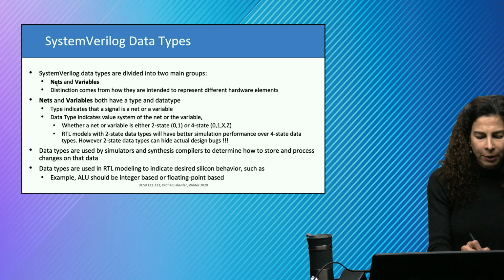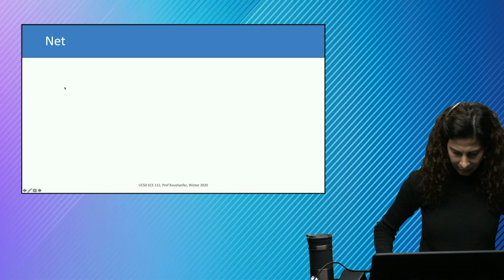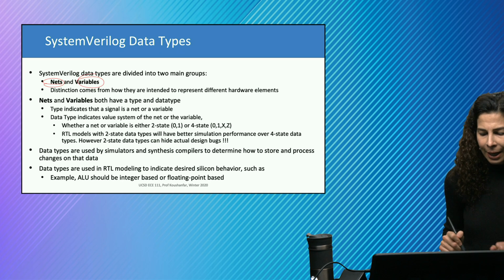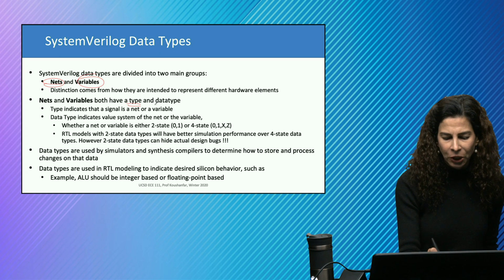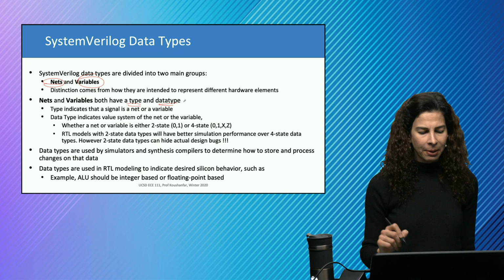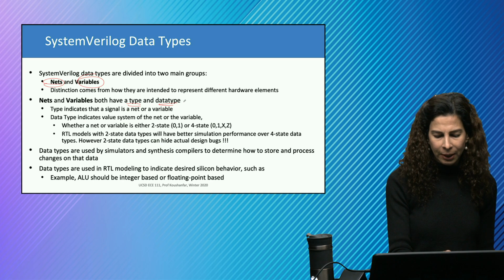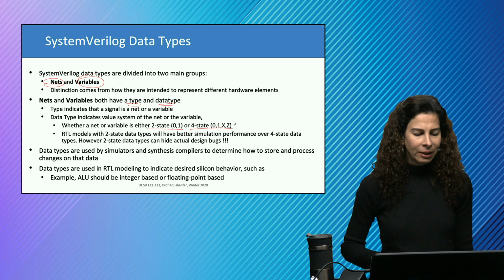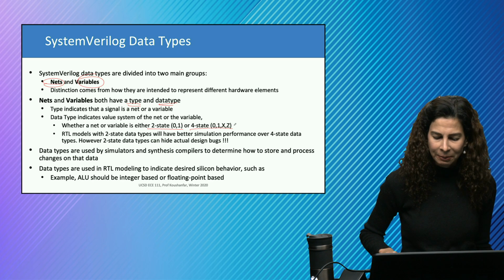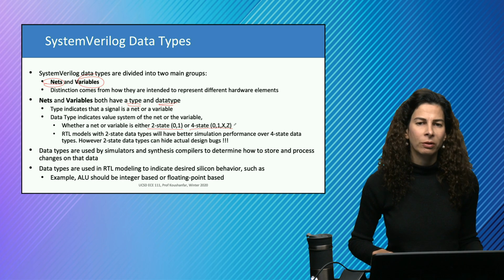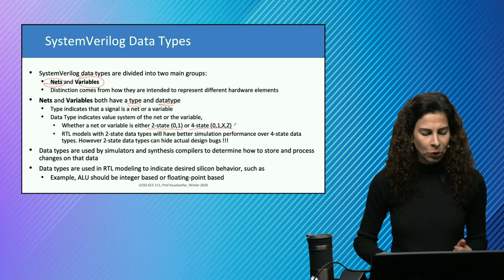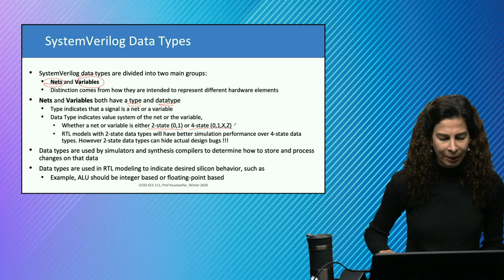So in summary, we have nets and variables, which we are showing here, and they could have both a type and a data type, and the data type could be a 2-state or a 4-state, and typically the 2-state data types have better simulation performance over a 4-state, but they may lead to bugs, as you will see later.